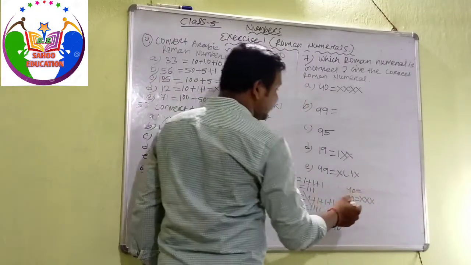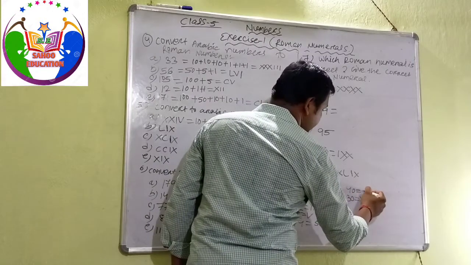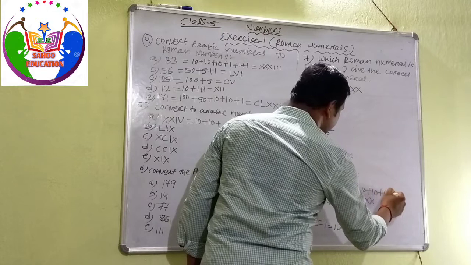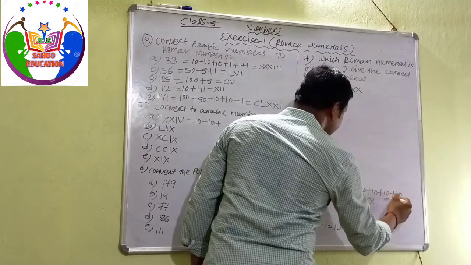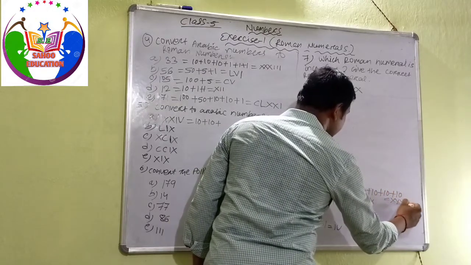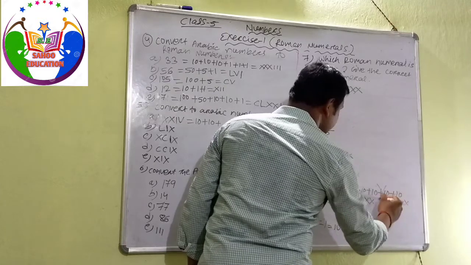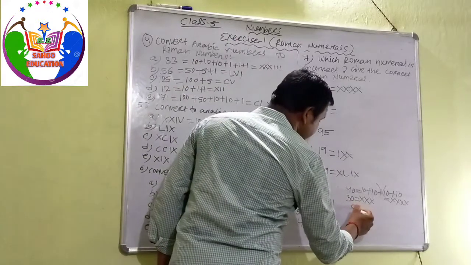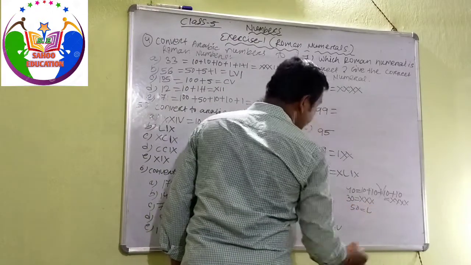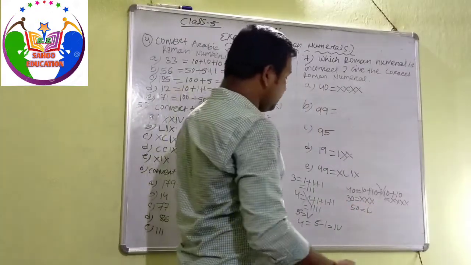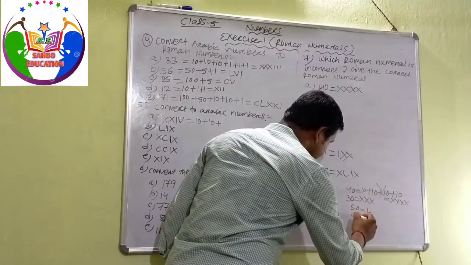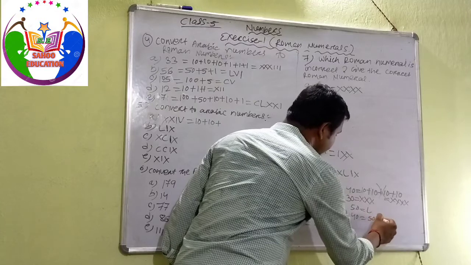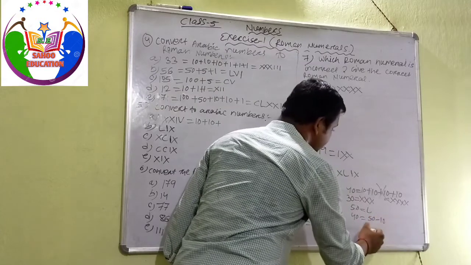But if you write 40 as 10 plus 10 plus 10 plus 10, that means X 4 times, then this is wrong. We know 50 is L. So 40 can be written as 50 minus 10.